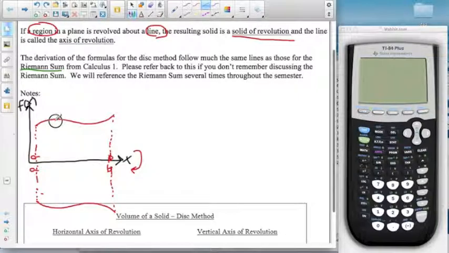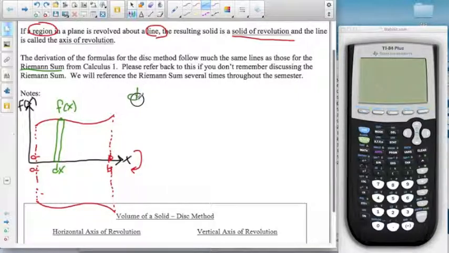So if we take a look at a representative rectangle within this area, that differential width is our dx, or our delta x, and the height of this rectangle goes from the axis up to the function here, so this height ends up being the value of the function at x. Then if we take this rectangle and spin it, we get what we call a disk.